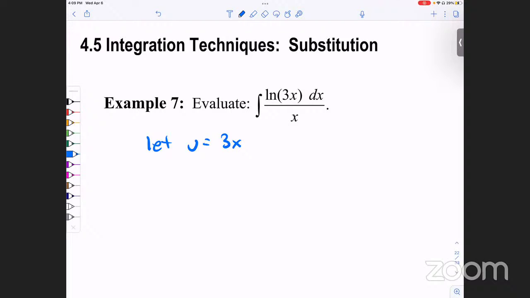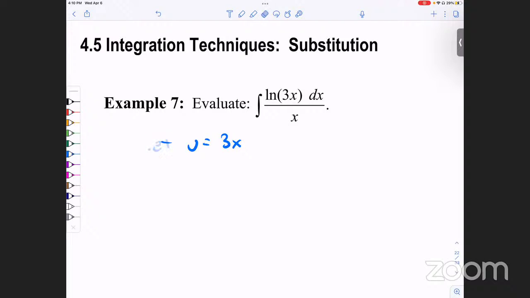Because this, as it is, what if we let u be x? If u were the natural log of x, then du would be dx over x, right? Okay. So this one didn't work, right? So let's try something else.